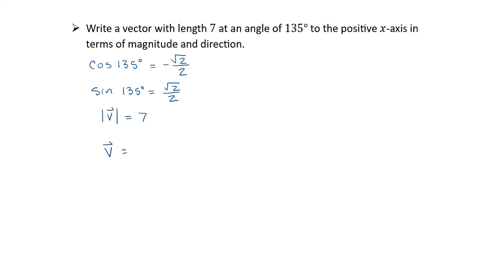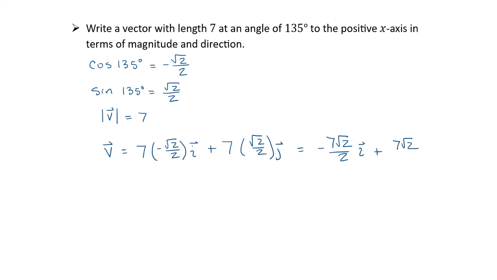Vector v is equal to 7 times negative square root of 2 over 2 times vector i plus 7 times positive square root of 2 over 2 times vector j. This is going to be equal to negative 7 square roots of 2 over 2 i plus 7 square roots of 2 over 2 j.